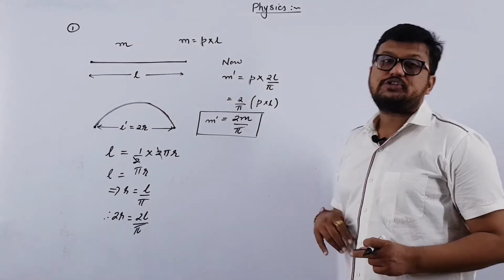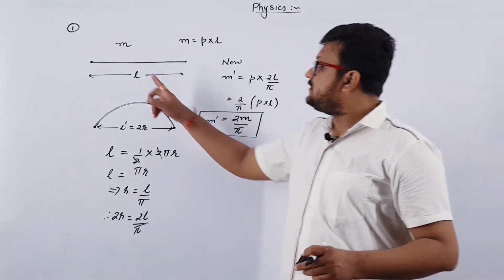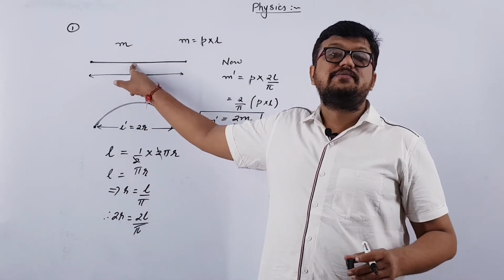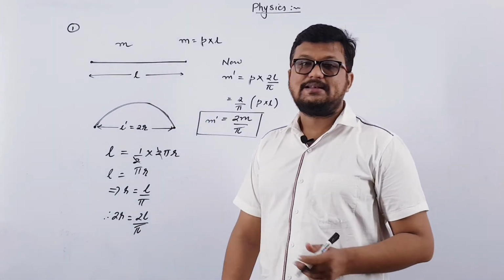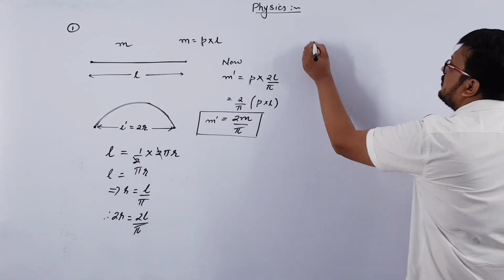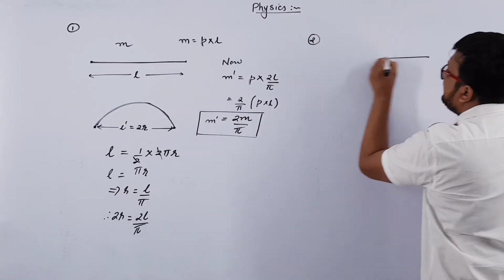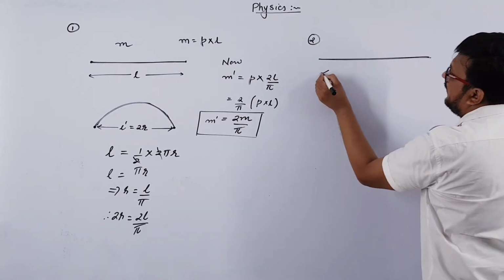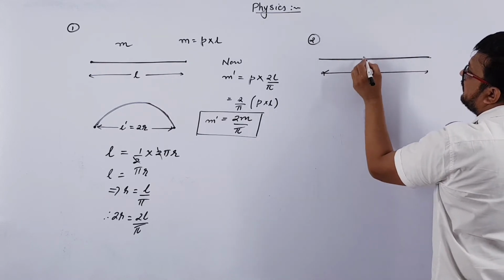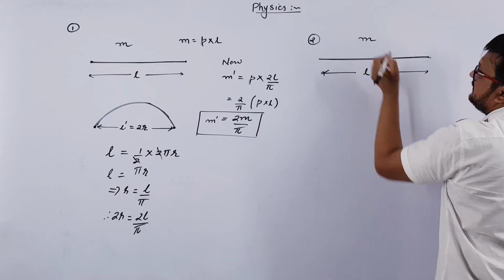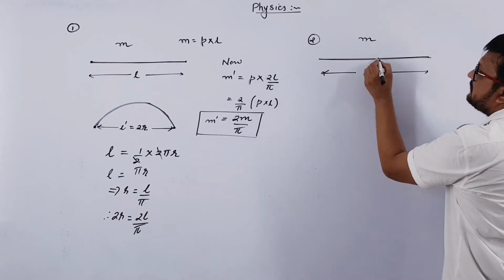Now the same question can be asked if you are bending this rod from the center in such a way that the angle between them is 60 degree. So in the second case we have the same steel rod of length L and magnetic moment M, and we are bending it from its midpoint.